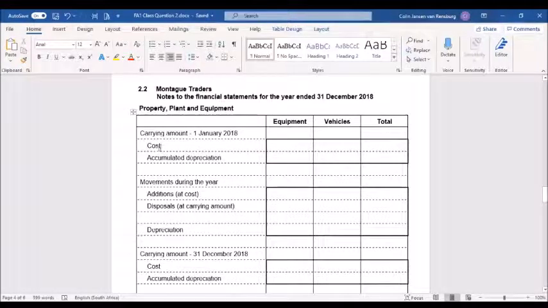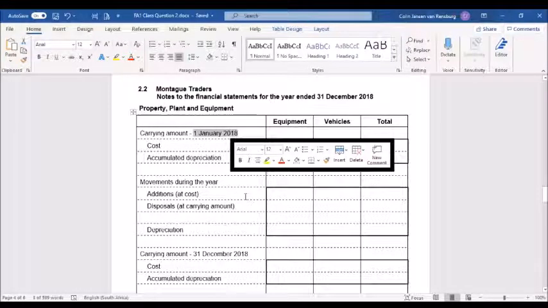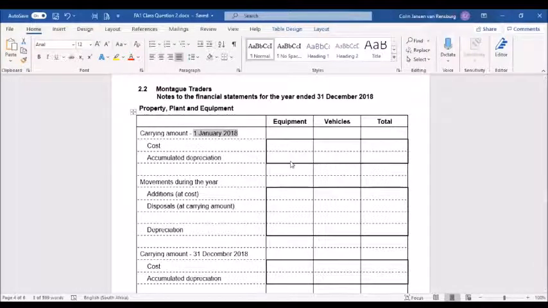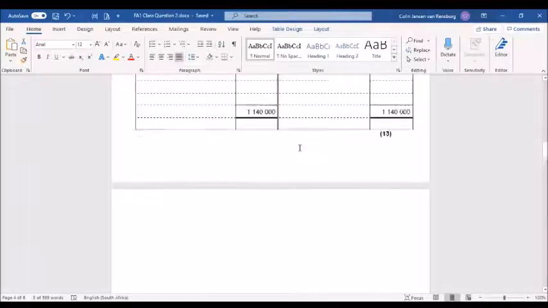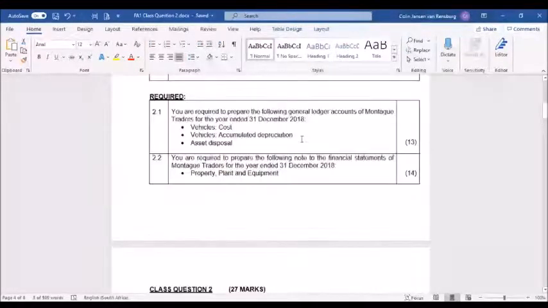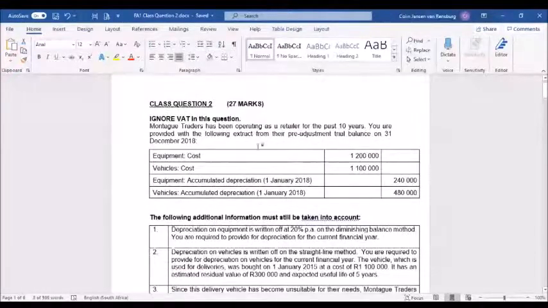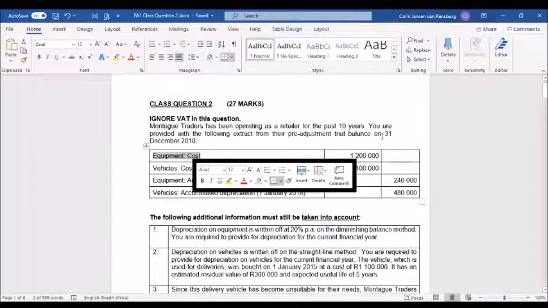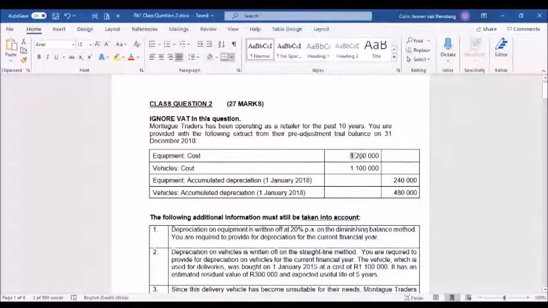So the equipment consists of the cost. The carrying amount consists of the cost less the accumulated depreciation, and we know they are recorded on separate accounts. So now we've got to look at what was the balance on the cost of equipment at the beginning of the year. So we'll go right back to the top. We have the question. We see there equipment at the beginning of the year of 1,200,000.